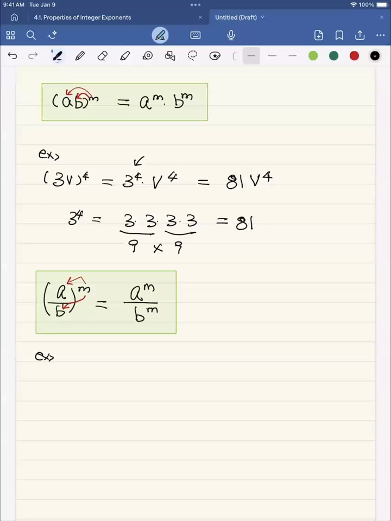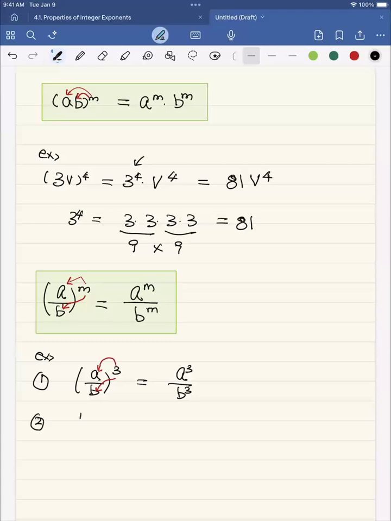Let's do some examples. The first one is a over b, cubed. So that is a cubed over b cubed. So we put the power on the numerator and the denominator.